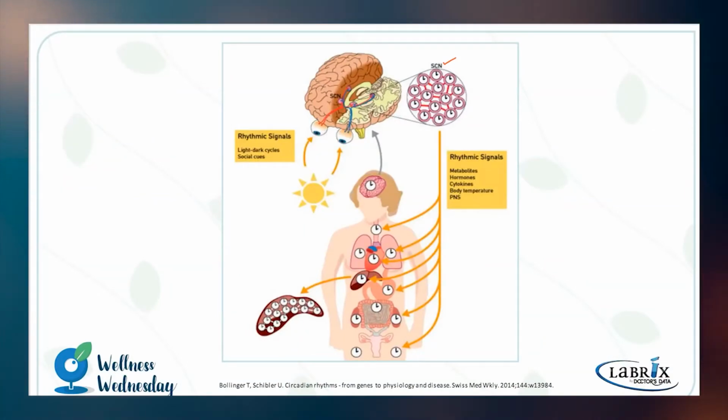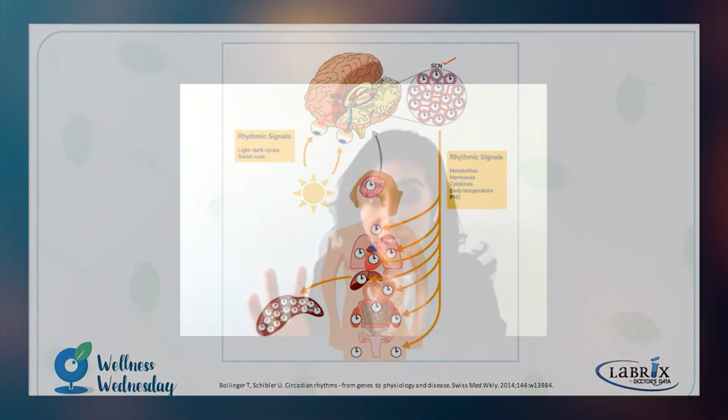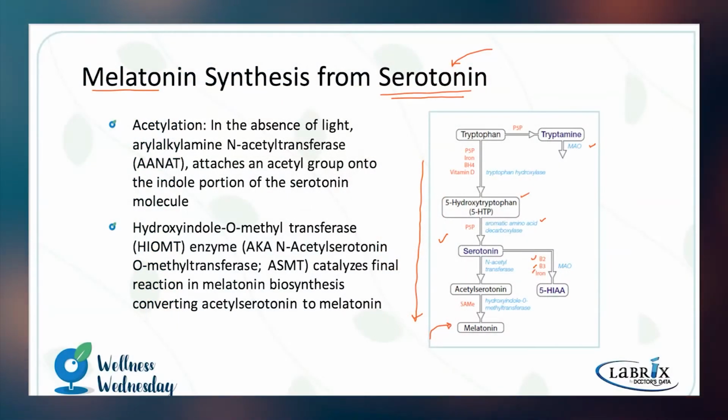It's always keeping all of these little clocks organized, and then it passes all of the information to the target tissues, as you mentioned before. So that is a very important part of melatonin synthesis and secretion. Another thing, if you move to the melatonin metabolism pathway, as I said before, melatonin is made from tryptophan, but we need a lot of other nutrients in order for these two enzymes to function.